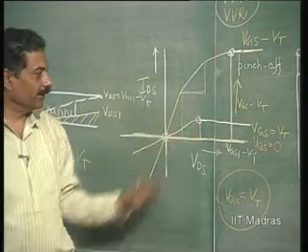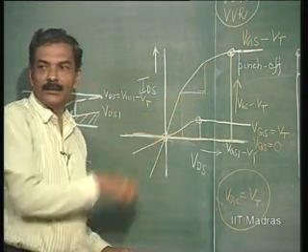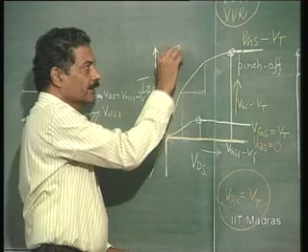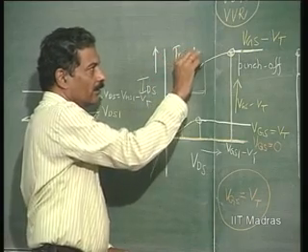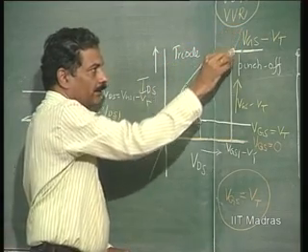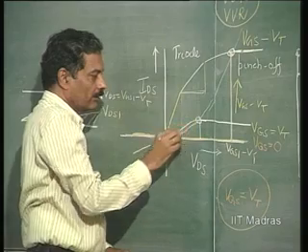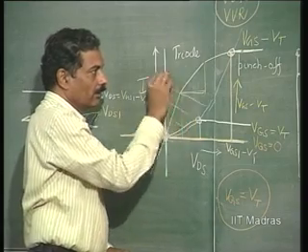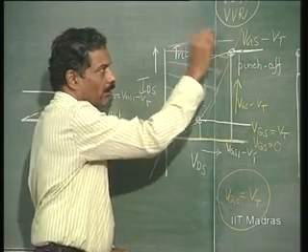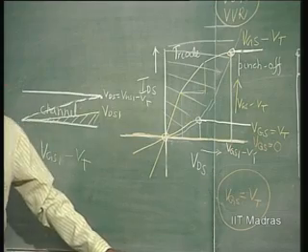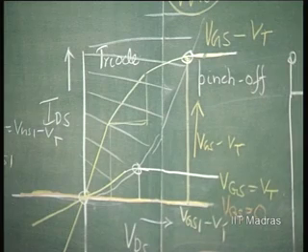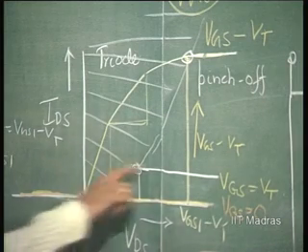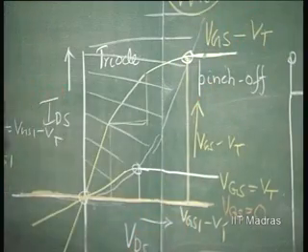This region below it is called triode region. This is called triode region, and this region where the current goes to saturation is called current saturation region.